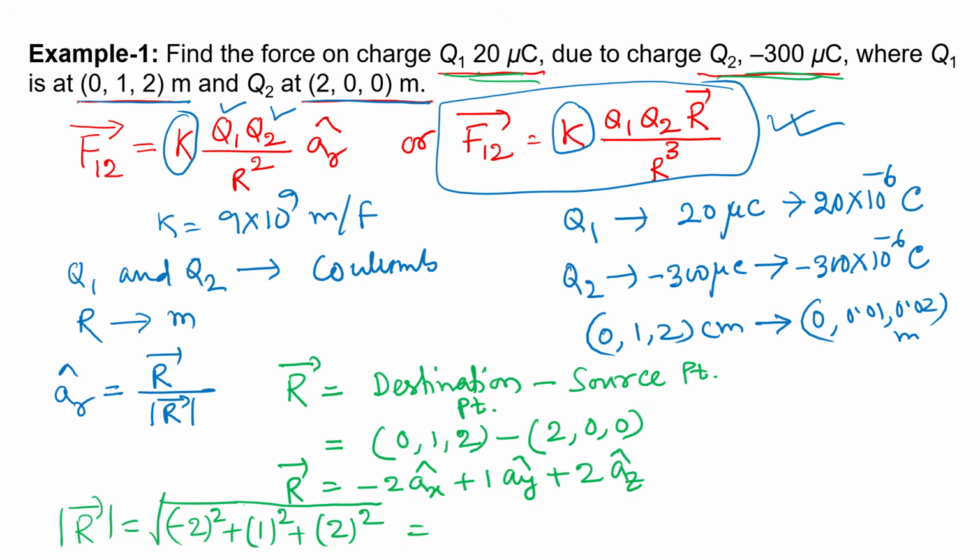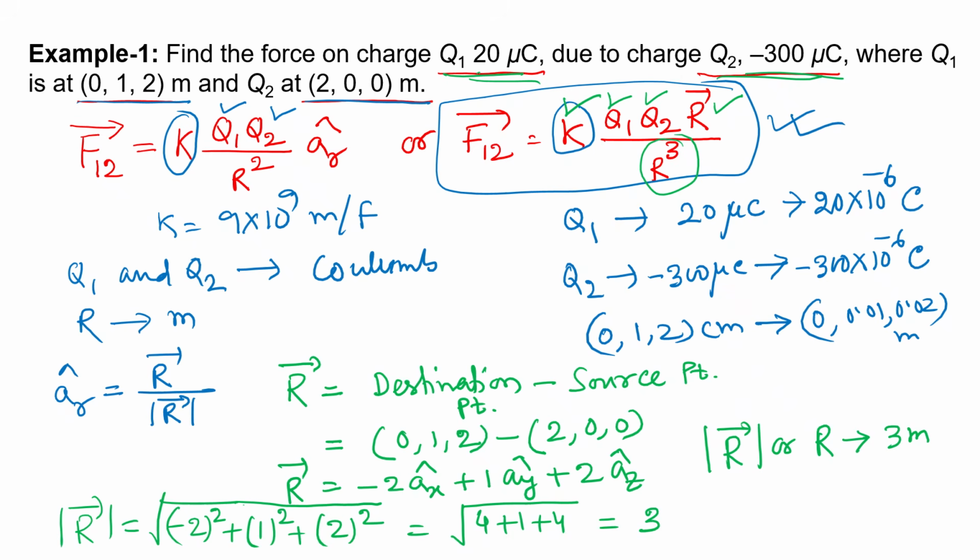So this will give me square root of 4 plus 1 plus 4, that means square root 9, which will be nothing but 3. So my mod r, or r, is 3 meter. If we look at this formula, now we have the value of k, q1, q2, r vector, and mod r, so we can easily calculate the force.